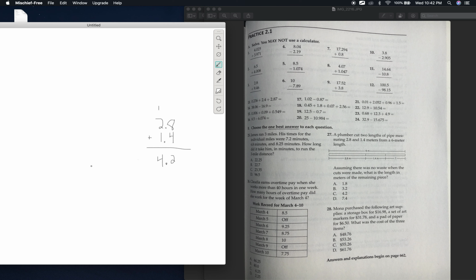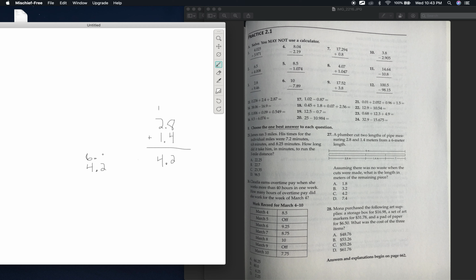So out of 6 meters, you always put the bigger number on top for subtraction, because we need to subtract 4.2, which is what was cut, from the original amount. Okay, remember with subtraction, you need to add a 0 here.